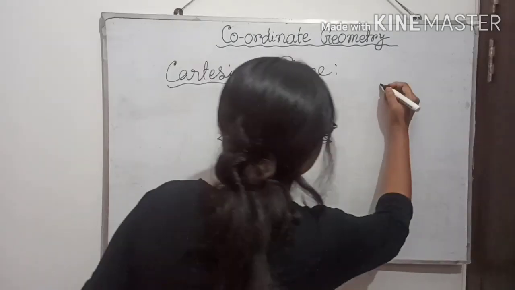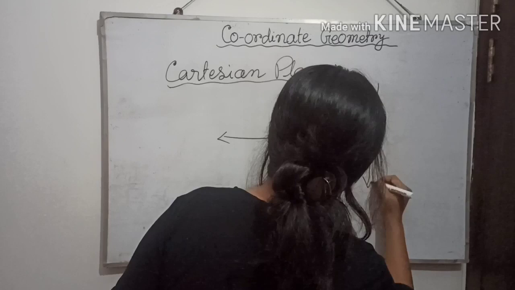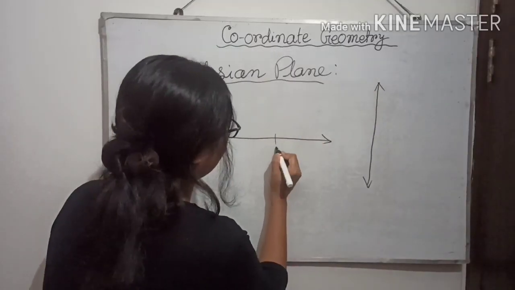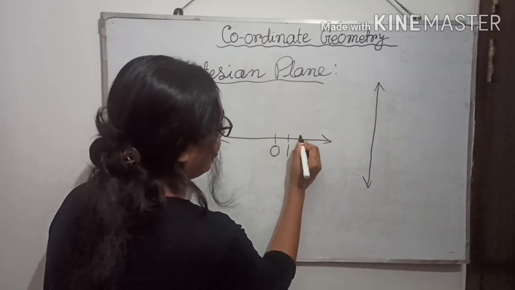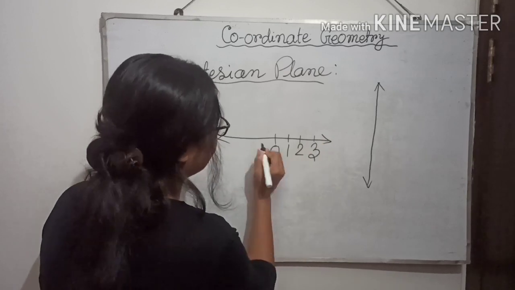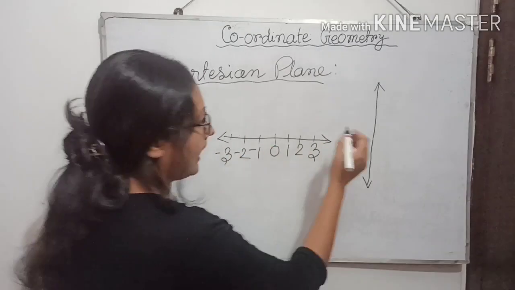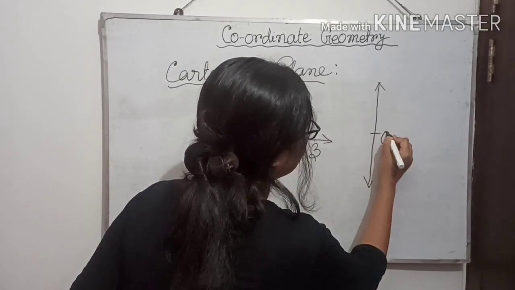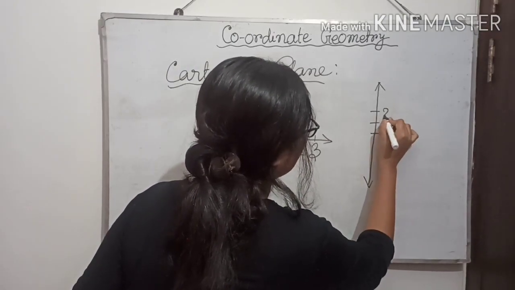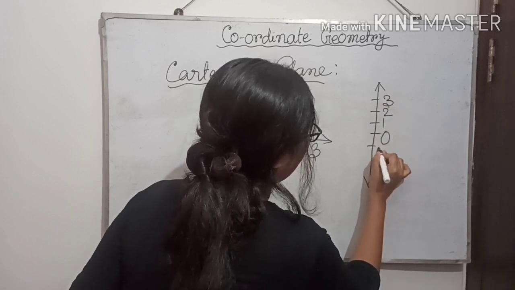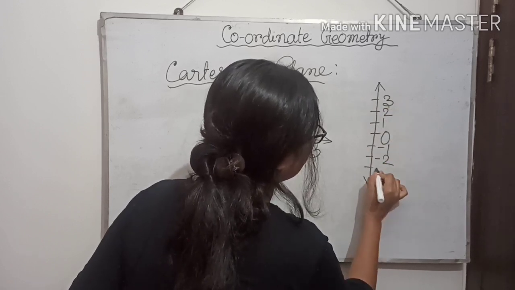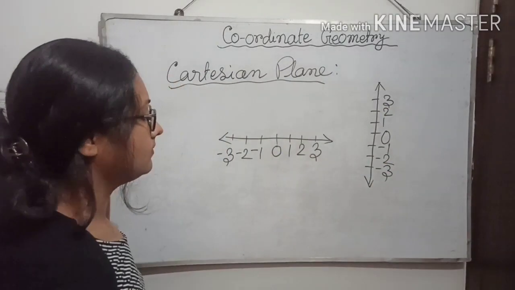So this is the horizontal number line and this is the vertical number line, where 0 is here, and on the right-hand side all the positive numbers are there, and on the left-hand side all the negative numbers are there. And in the vertical number line 0 is here, and on the upper side all the positive numbers are there, and on the lower side all the negative numbers are there.